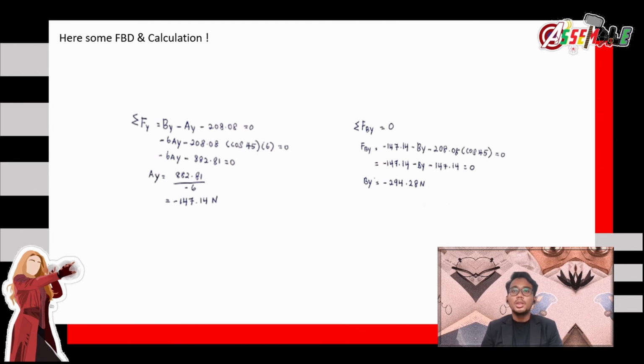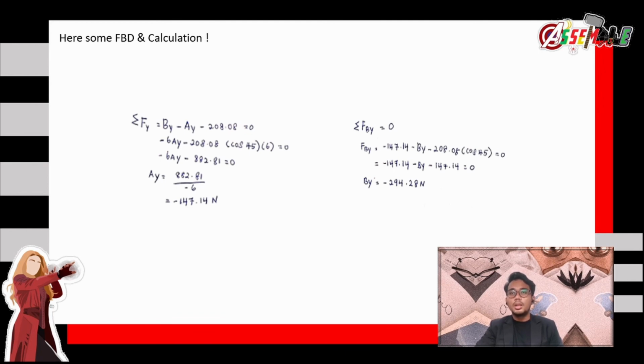Okay, for the force By, it is also equal to 0. Then we insert the value, which is negative 147.14, subtract with point B, and then subtract with 208.8 multiplied by cos 45.